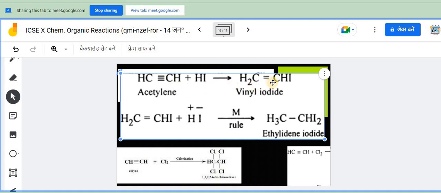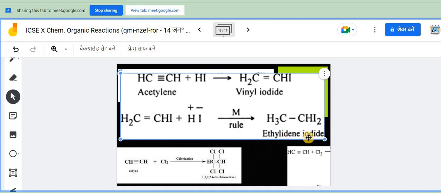Triple bond changes to double bond, and on one side H is added, on the other side I is added. That's all. Very simple reaction. Similarly, if you add HI again, one side gets H, the other side gets I. That's all. So this much is there in the addition reaction with HI.